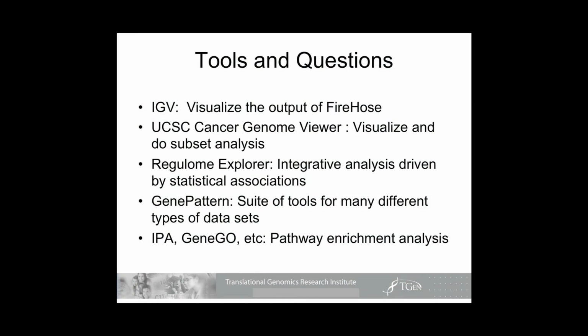As the data is available, you can go in and say, okay, I'd like to subset not just by site of where the tumor was, or whether it was primary or not, but I'd actually like to do a survival analysis. Regulome Explorer does integrative analysis, and it's driven by statistical associations. I think it can be very powerful.